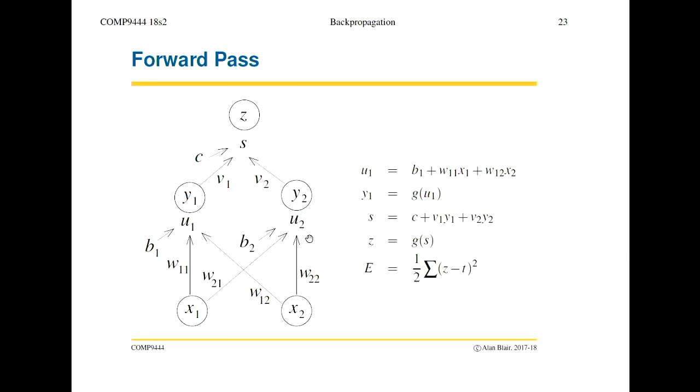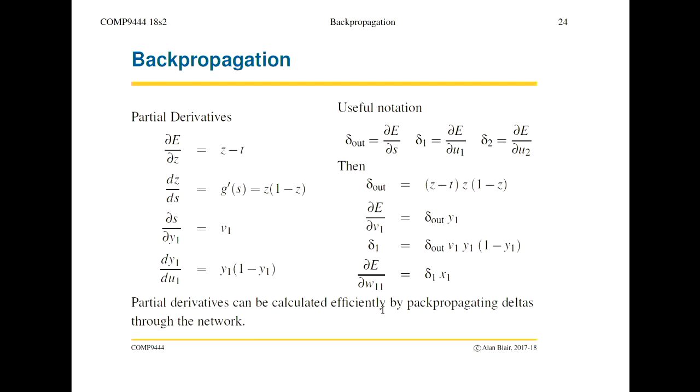Well, again, these are the equations for calculating z from x1 and x2. Now, when we calculate the derivatives, you work backwards. You calculate dE by dz, and then dz by ds, and then ds by dy1.